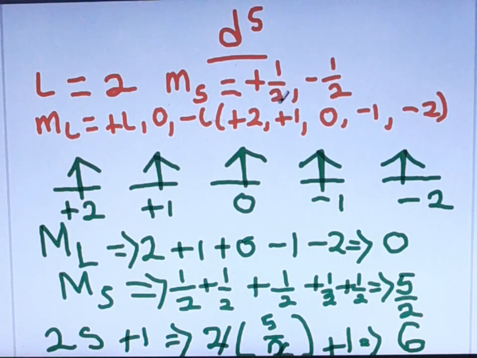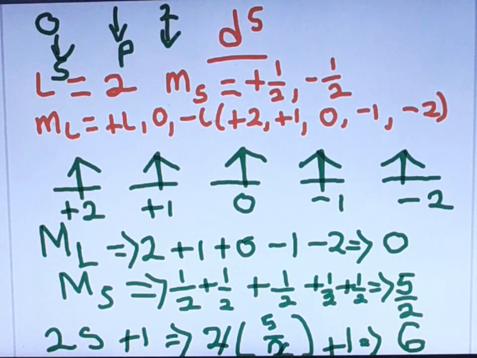From the previous video, we know that if the total orbital quantum number is 0, then the term is an S term. If it is 1, then it is a P term. If it is 2, then it is a D term.